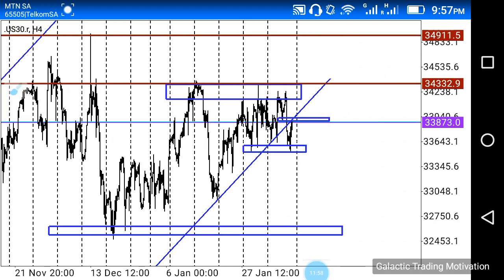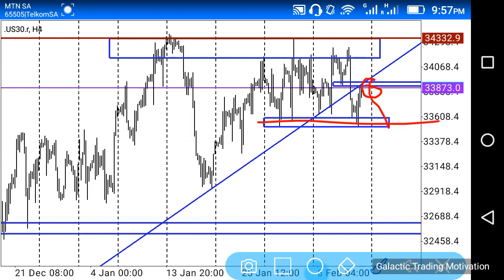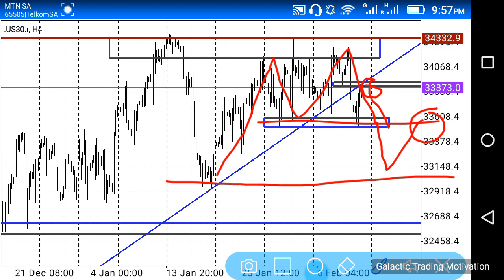However, let me just say that myself personally, I would love to see price at this point bounce off to push further down to test this neckline of this M structure, right? And then break it, head back to it again to test it, and at this point again is where I would look for further selling opportunities, and my next take profit should be around this area over here.